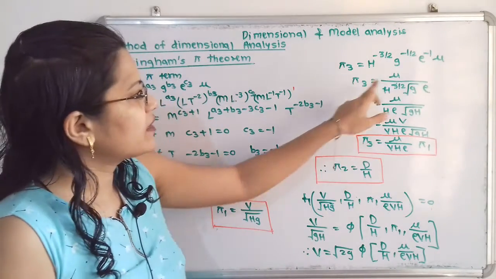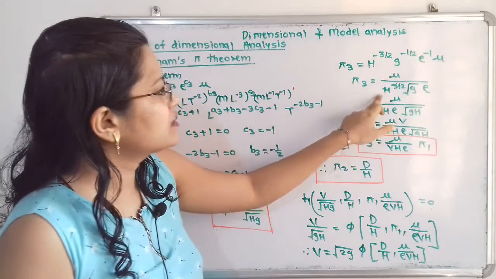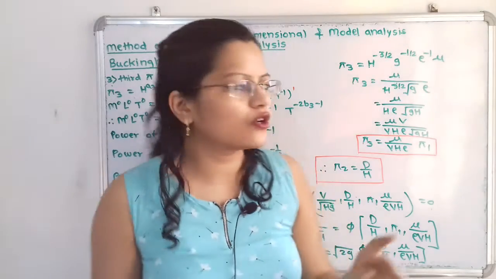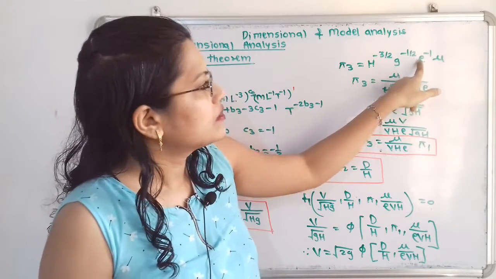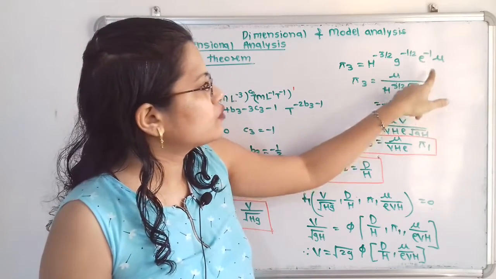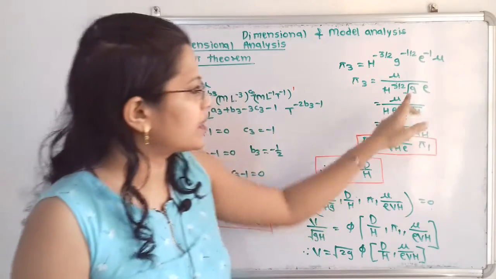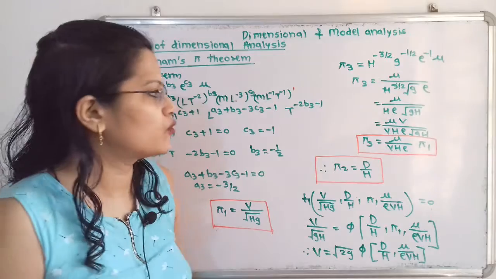So now we will take here mu divided by h raised to 3 by 2 into g raised to half, means what? It is under root of g, and rho. Now if I shift this rho to the denominator, the power is 1. That means I can write here only rho.